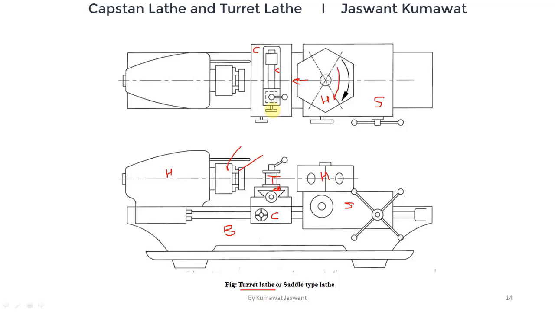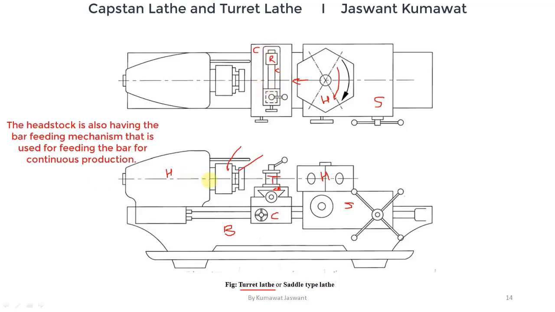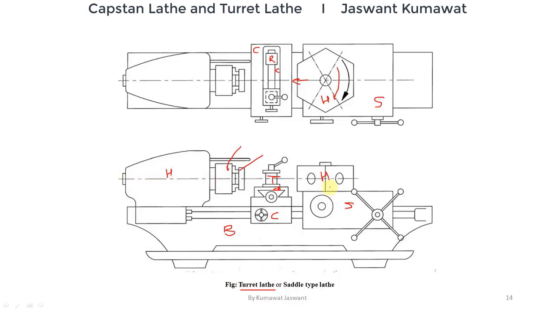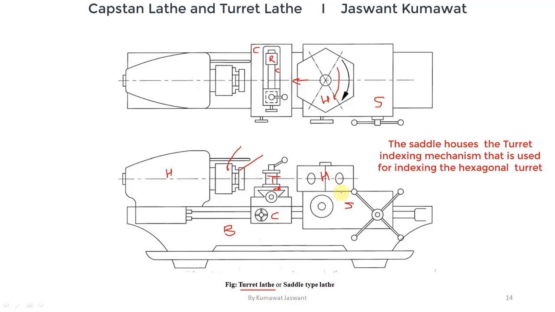As I have told you, the turret lathe may be equipped with a reach over carriage or side hung carriage. In this diagram the carriage shown is a reach over carriage. So this is the rear tool post. If the carriage is of side hung type, then there is only a front tool post. There is no rear tool post. This headstock is also equipped with a bar feeding mechanism, and this hexagonal turret and saddle consist of the turret indexing mechanism.